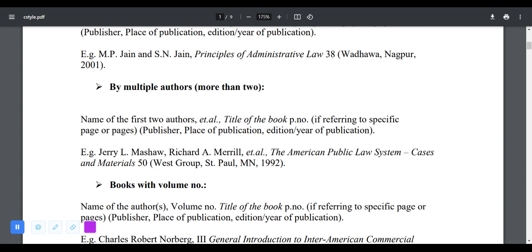Just after the title, provide a space and then the page number, and then in brackets provide the publisher name, comma, publication place, comma, edition and year of publication.